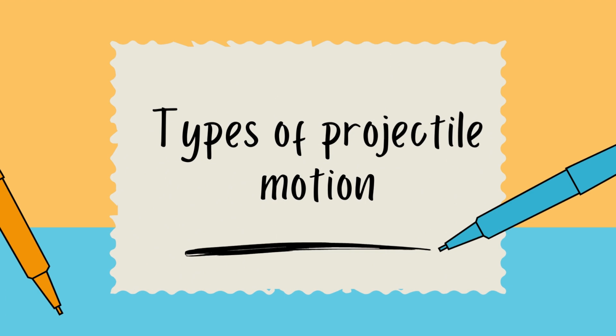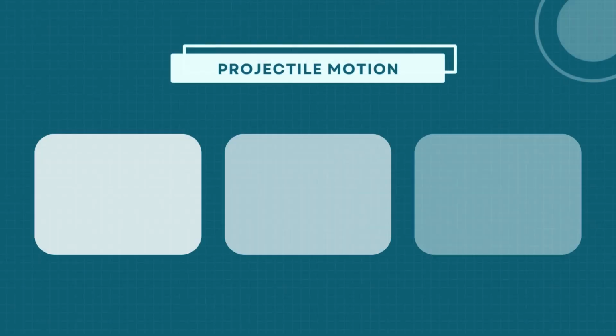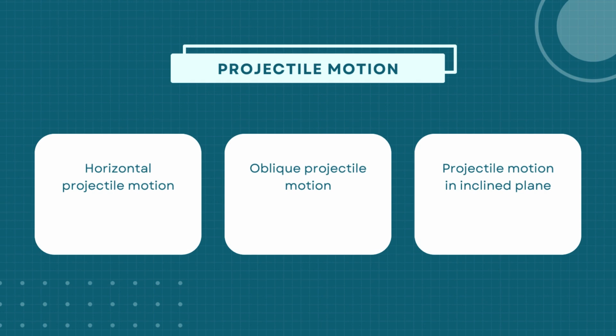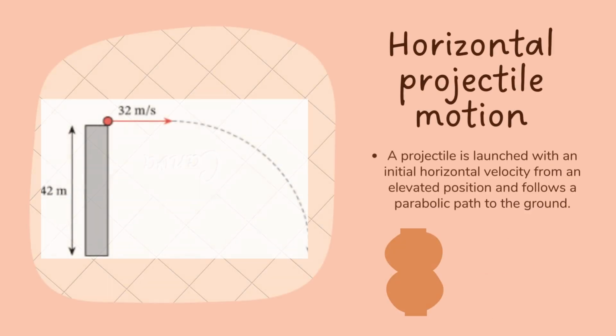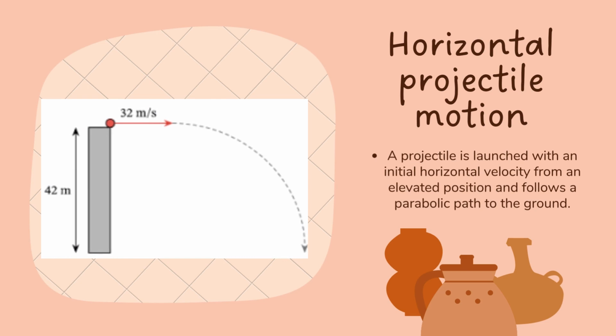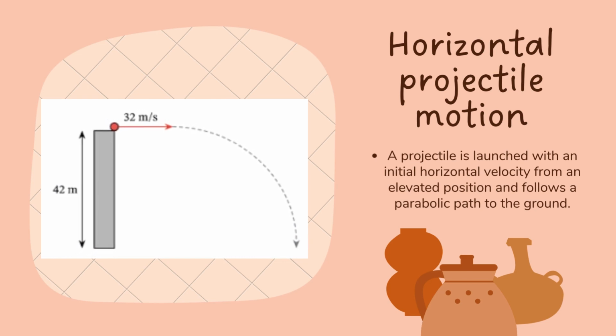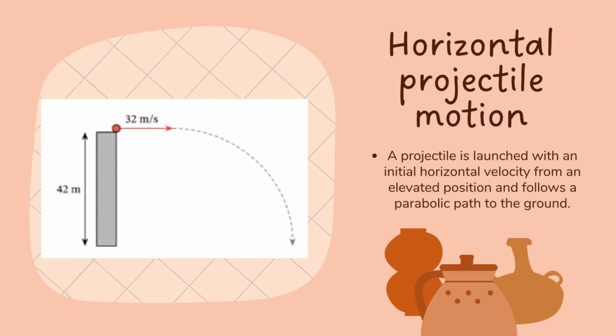Types of projectile motion. We have horizontal projectile motion, and oblique projectile motion in an inclined plane. Horizontal projectile motion is when a projectile is launched with an initial horizontal velocity from an elevated position and follows a parabolic path to the ground.